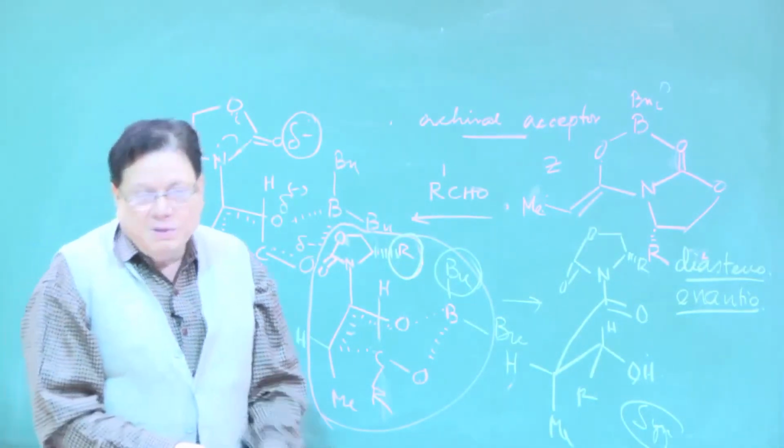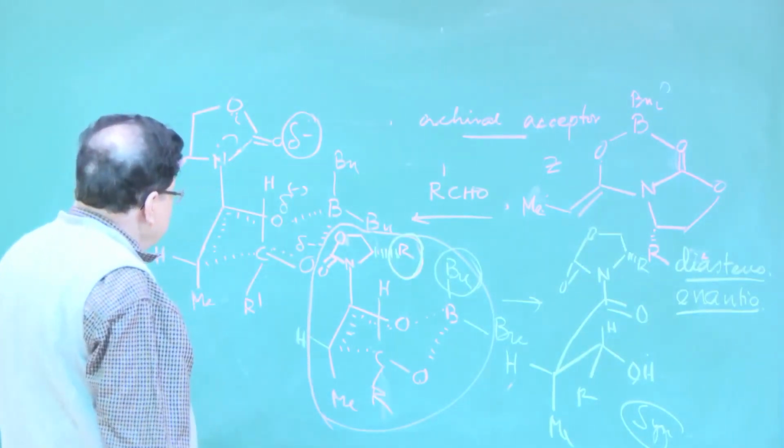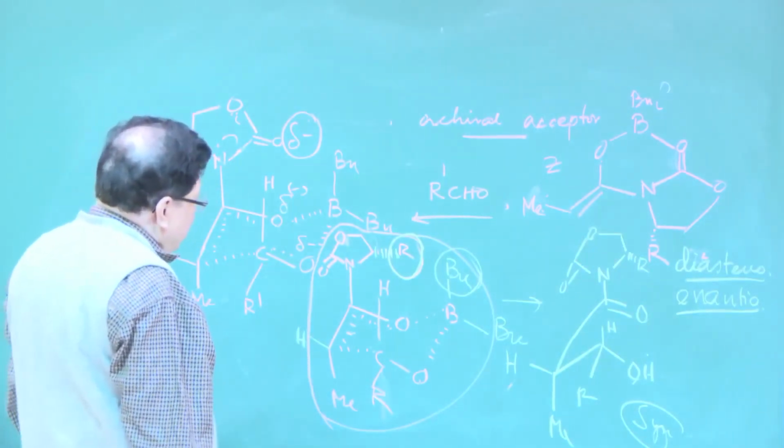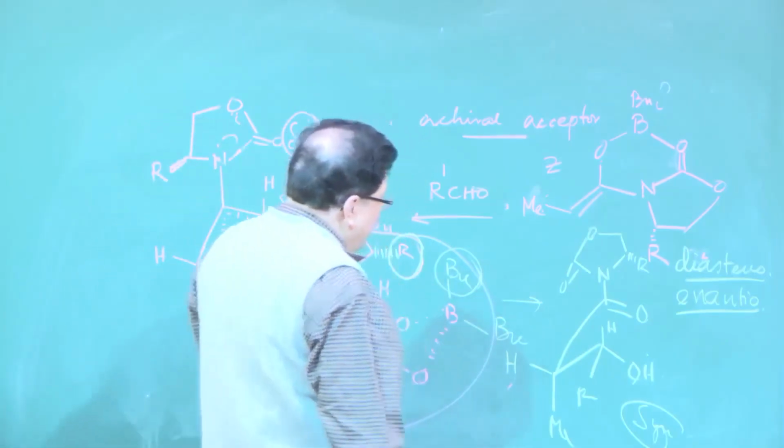I hope this is clear now. So, this is the syn selectivity which is there in the Evans aldol condensation.